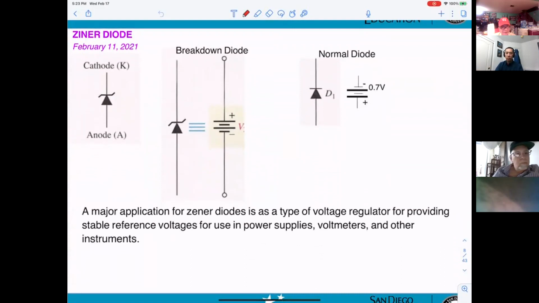The Zener diode. When you see this symbol here, that will be a Zener.